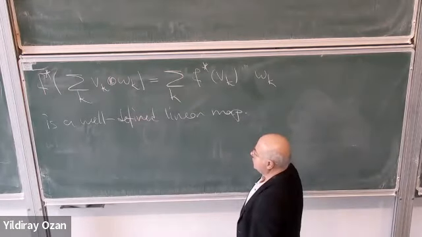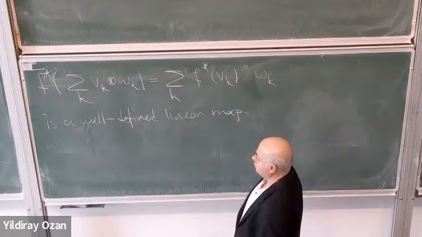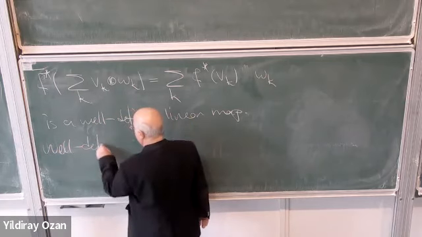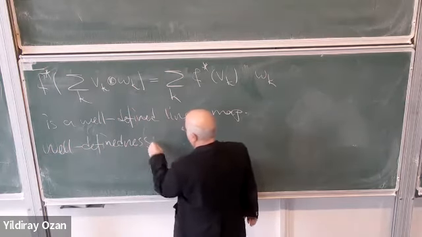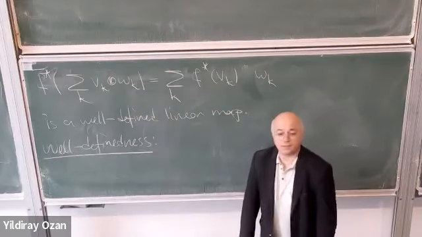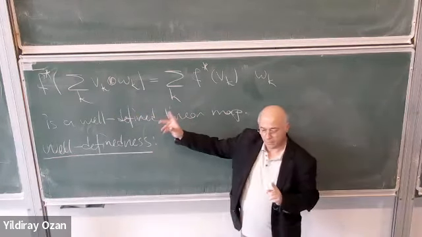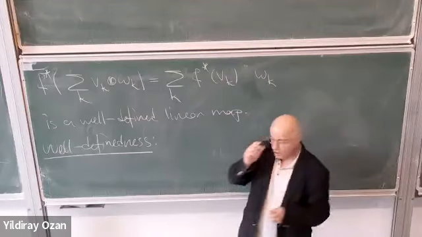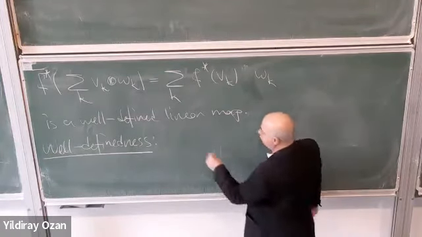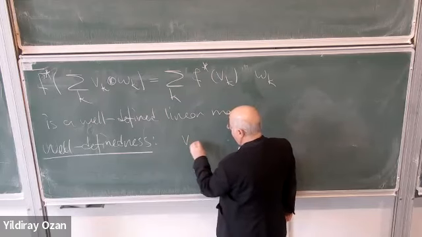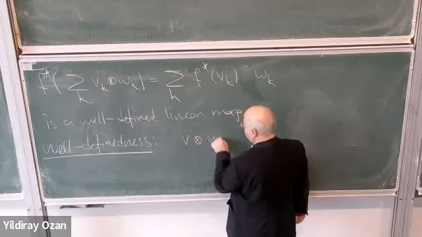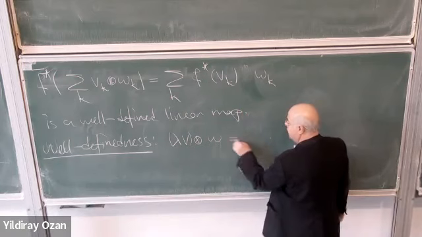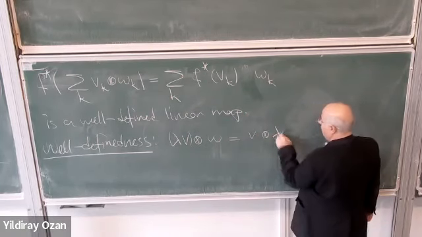Okay, now why is it well defined? We have to show that this gadget takes the same values on equally regarded objects, right? So what we mean by equally regarded, for example, if we regard lambda times v tensor w, same as v tensor lambda w, right?